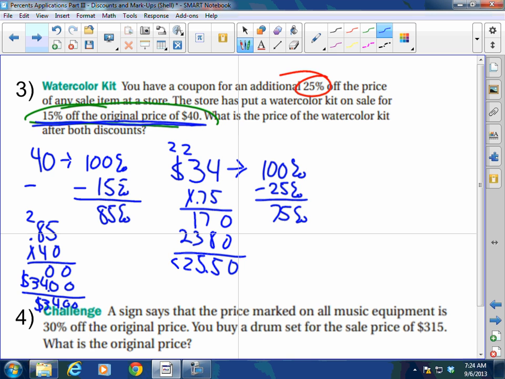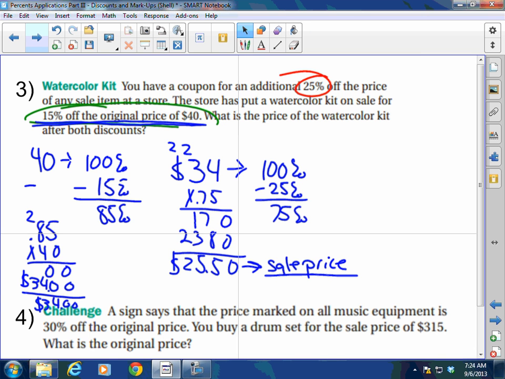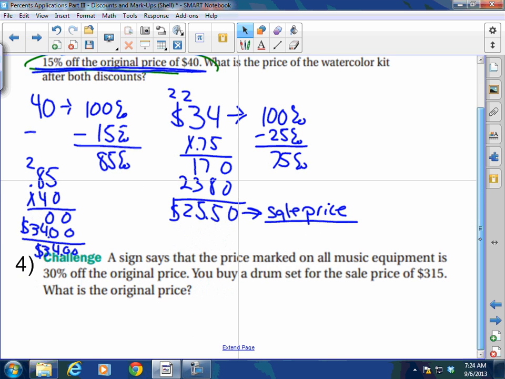Two decimals, $25.50 is your sale price after both discounts. So please, whenever you have multiple discounts, find the first sale price, then apply the second discount. Do not add them together and apply it as one.